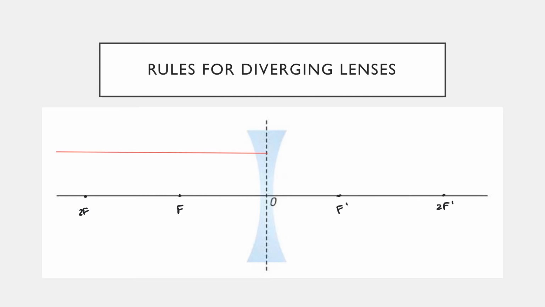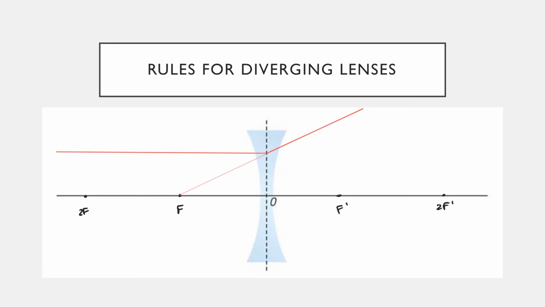So what we're going to do is draw a line starting at F, and this is going to be kind of a working line for us to show us where the light is going to travel after it hits the lens. So all we need to do is go over the top part and make that a solid line.